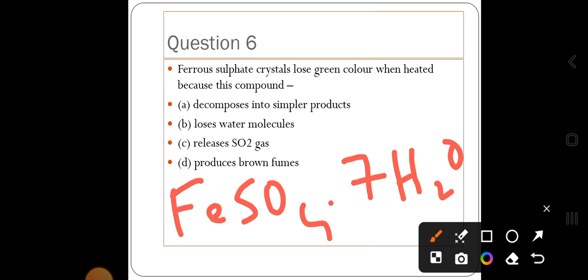Because of that, the pale green color shifts to white. So the correct option for why ferrous sulfate crystals lose green color is the second option, that is it loses water molecules.